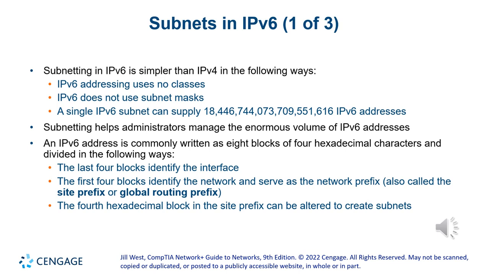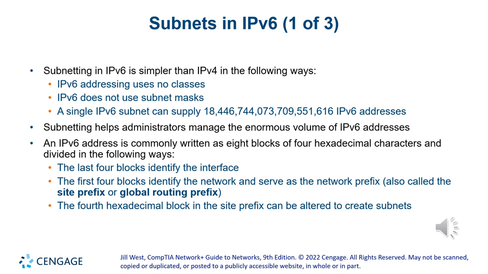But IPv6, remember, is a set of 8 blocks, 128 bits, and I'm reading from a page on Google that says this is 18 quintillion 446 quadrillion 744 trillion 73 billion 709,551,616.